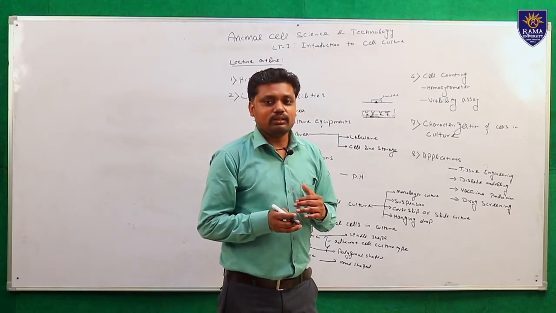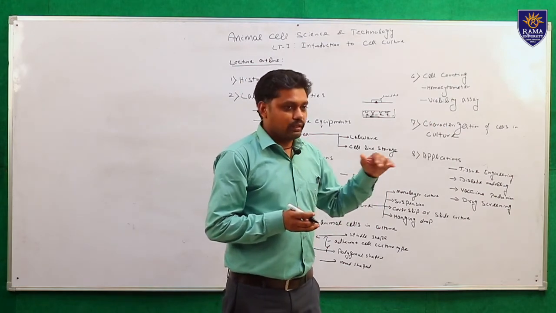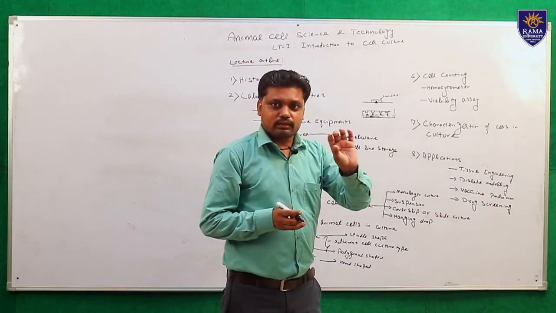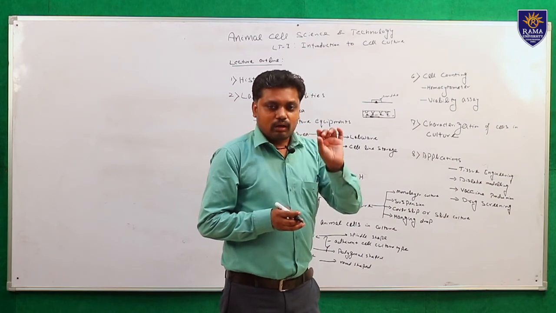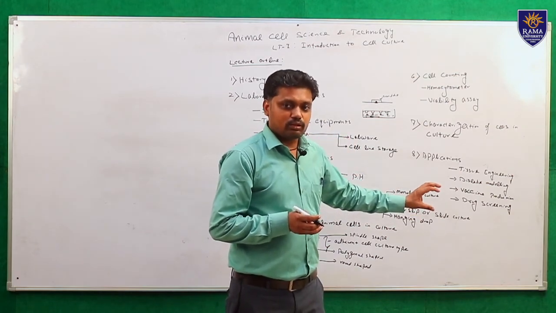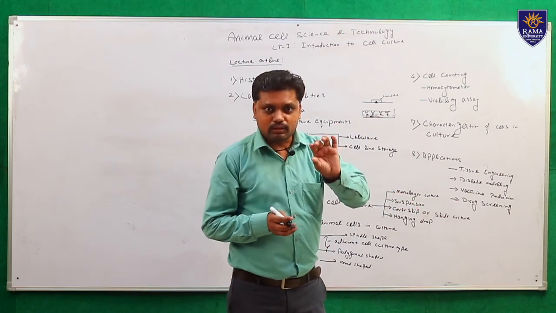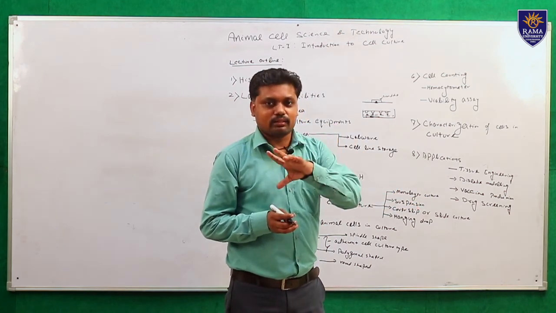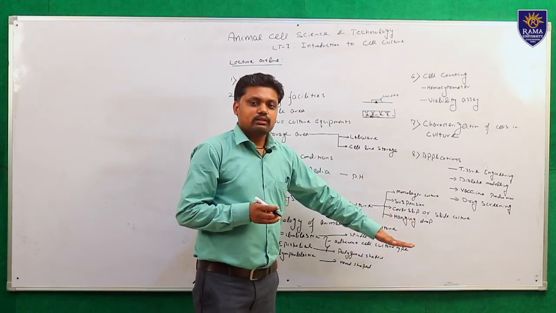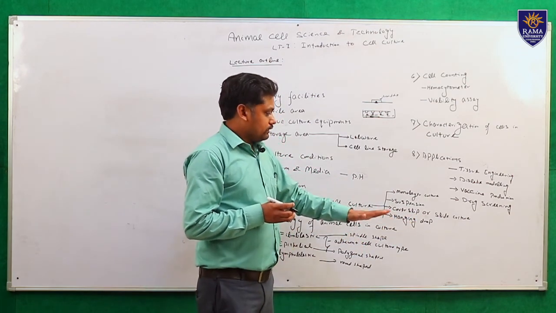Now, what is happening? We test those drugs on animal cells in vitro, and suppose out of drug A, B and C we tested them in the animal cell culture model, and after that we have found that drug B is working and drugs A and C are not working, then drug B goes to the animal model and then to the clinical trial stage.